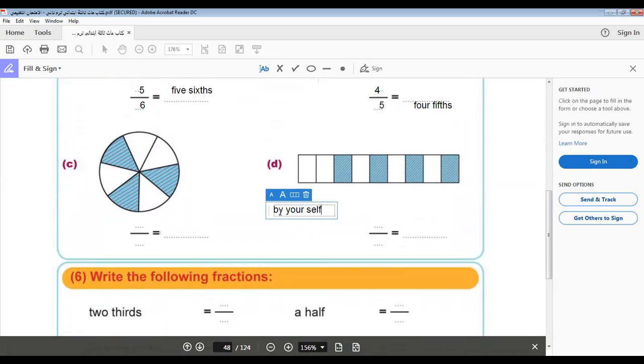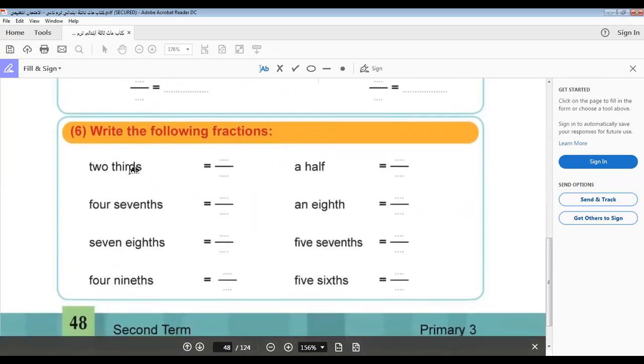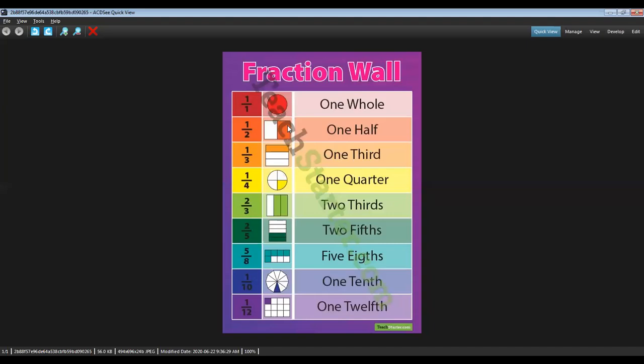Okay, question number 6. Write the following fractions. 2/3. But before doing that, just a minute. You have here this circle.